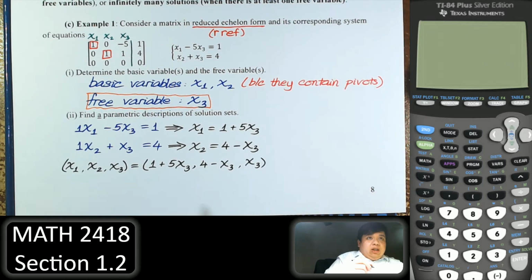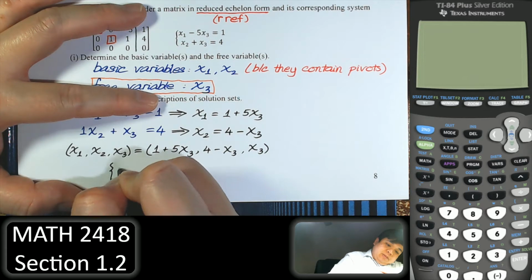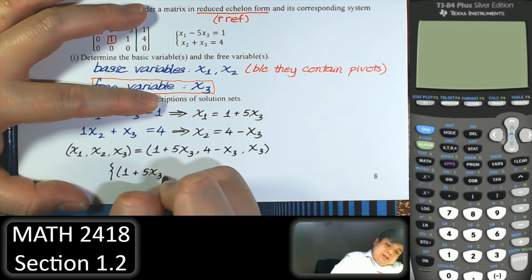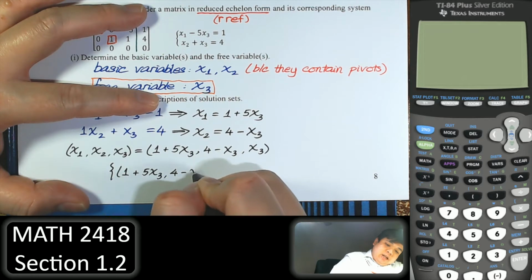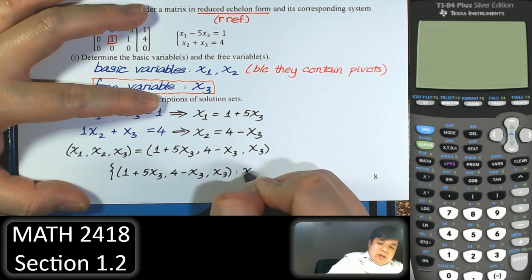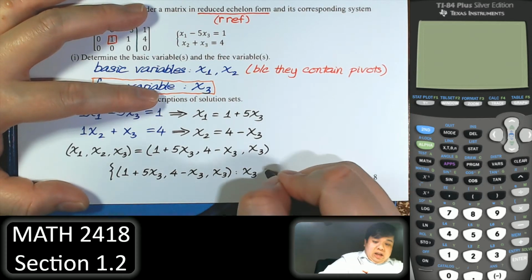Or we write the solution set as (1 plus 5x3, 4 minus x3, x3), where x3 is any real number.